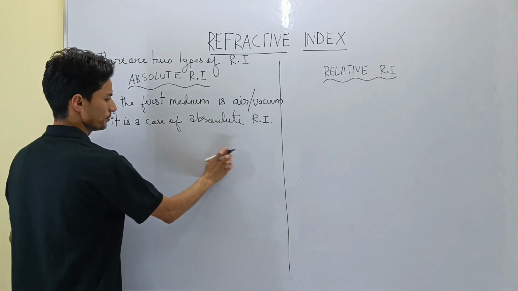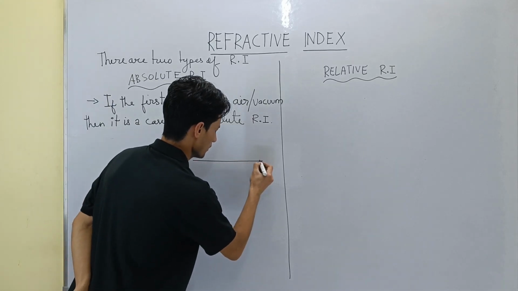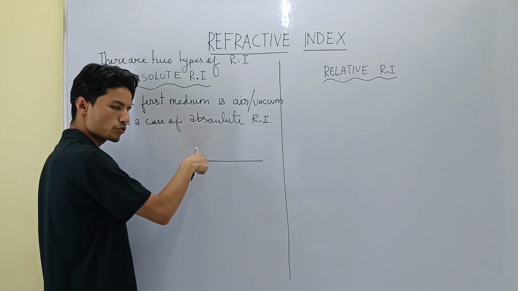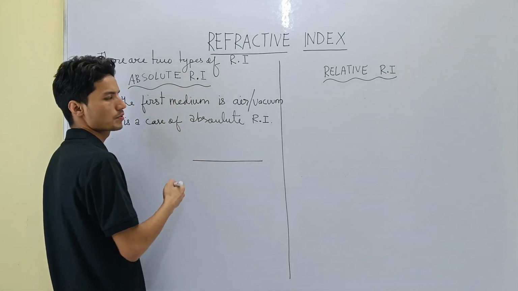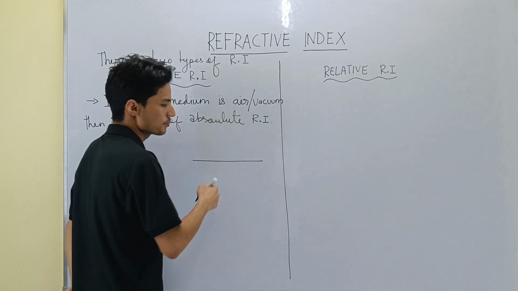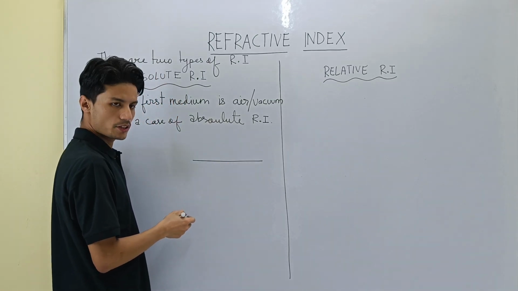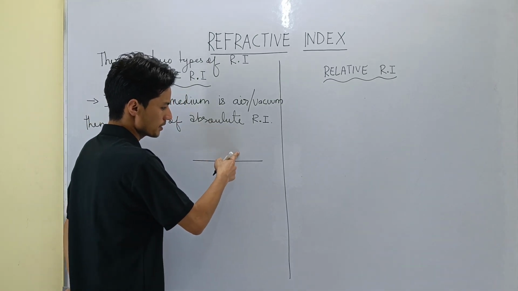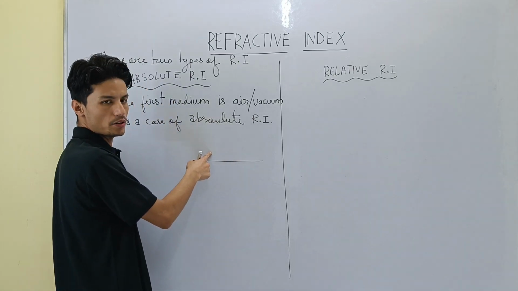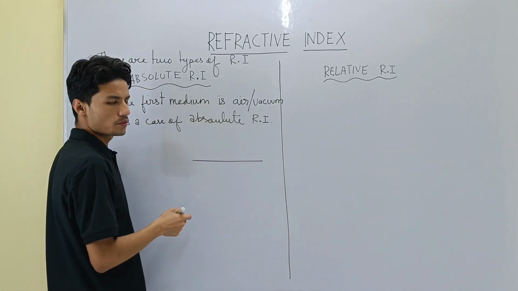For example, all the examples that I have shown you so far are examples of absolute refractive index, because in all of those examples the first medium has been air or vacuum. So if the medium from which light came happens to be air or vacuum, then that falls under the absolute refractive index case.